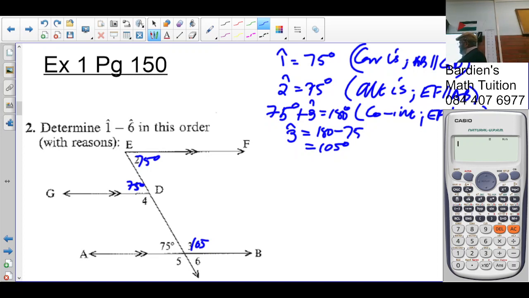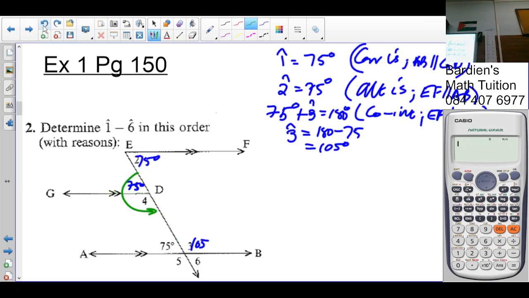Number 4. 105. Why? Alternate angles, or angles in a straight line, or co-interior. Can you see that? Any one of those 3 will work.